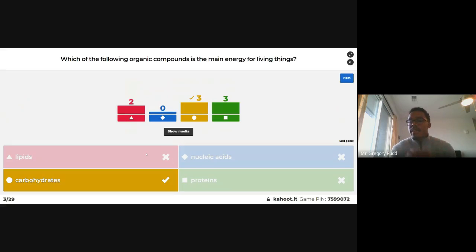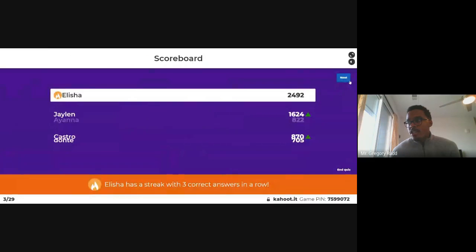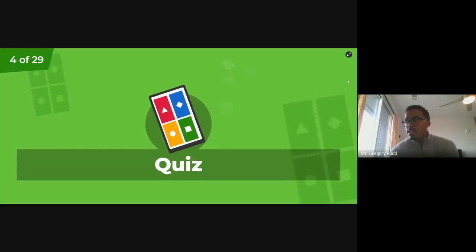Lipids do provide some energy to living things, but carbohydrates, sugars, those are the main source of energy for living things. Nucleic acids, good, I'm glad no one chose that. Proteins, for some reason, there is this idea that proteins provide energy to our bodies. They are not an energy source, but they are necessary for health. I think part of the reason we struggle with that question is because commonly we think that proteins are an energy source, and that's not scientifically correct.